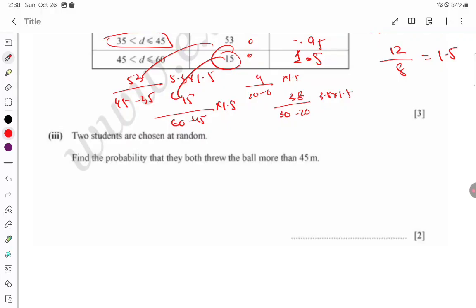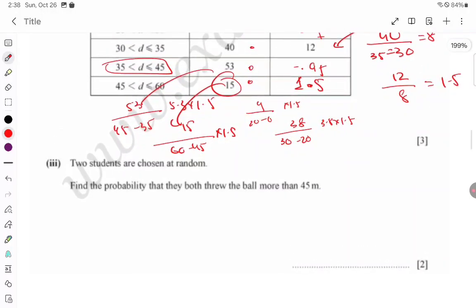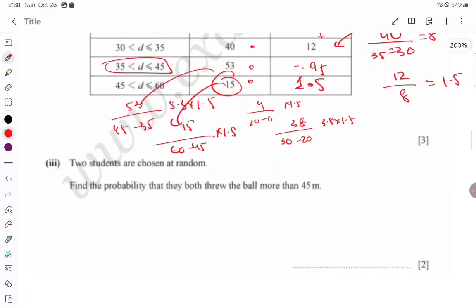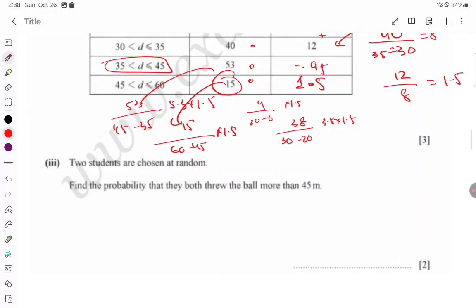So for more than 45 meter, first for the first student it will be 15 over the total 150 multiplied by 14 over 149, minus 1 because one student is less, this is minus 1 for the second student.